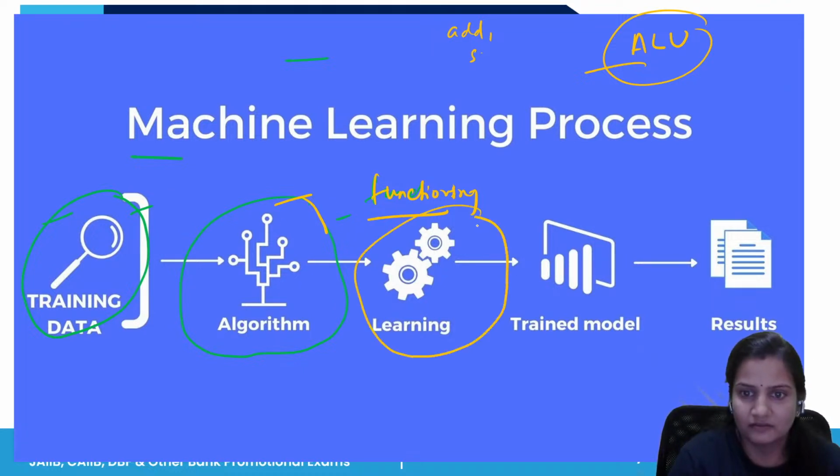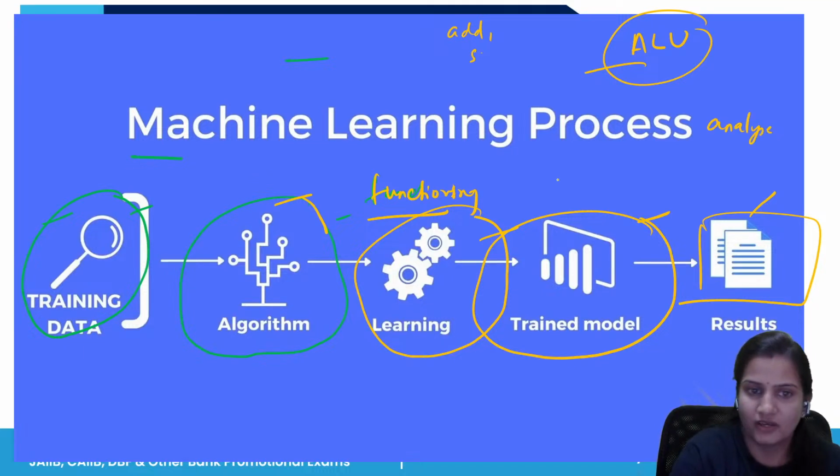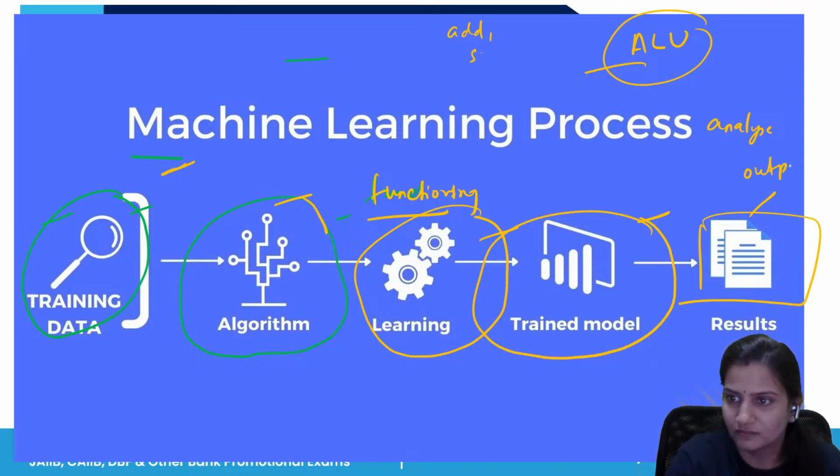After that, it will learn and derive the result. Then they will train the model for getting a proper result. After training the model, the result will be published. With the help of this result, you will analyze whether the data you have given to this machine learning gives the same output or not.